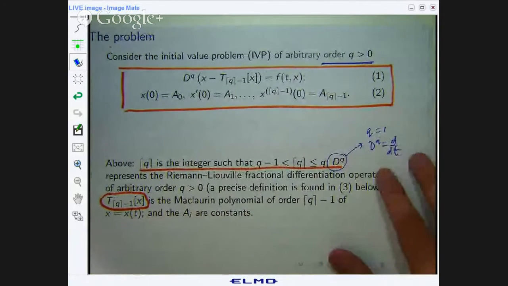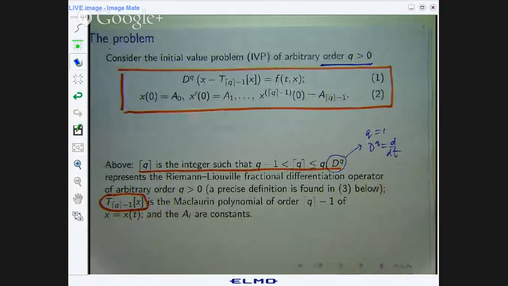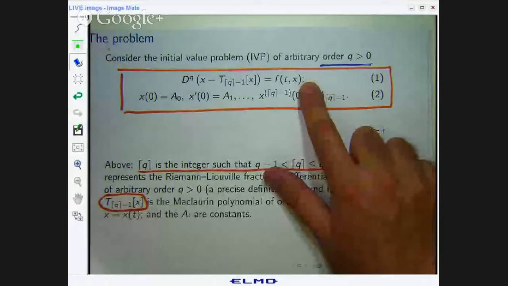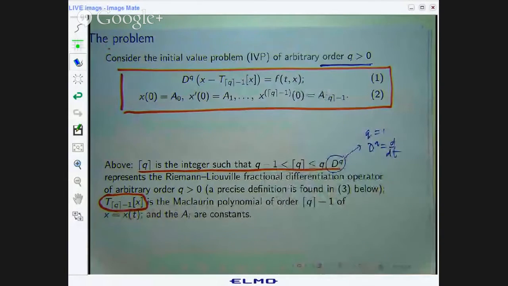Okay, so that is our initial value problem, and the f on the right-hand side could be nonlinear. So it isn't a standard linear problem. This is the problem that we're going to look at. It's very general, and to understand some of this, we'll introduce a little bit of notation. Okay, so let's move on.